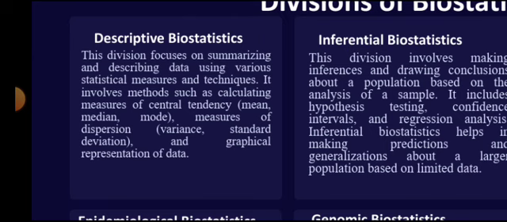It involves methods such as calculating measures of central tendencies, something like the mean, the median, the mode, or measures of dispersion, which has to do with variance, standard deviation, standard error of mean, and all those. It also has to do with graphical presentation of the data.